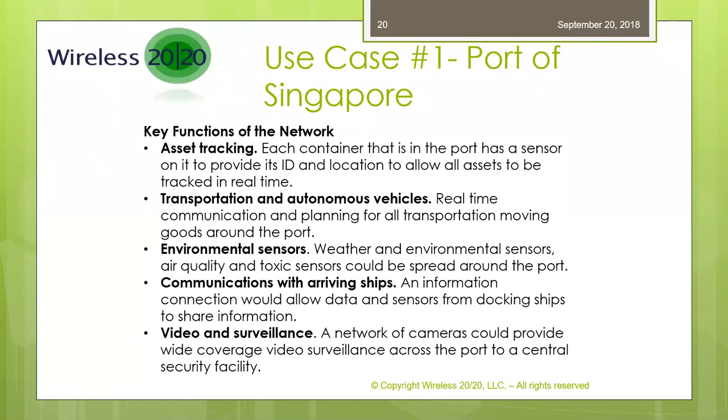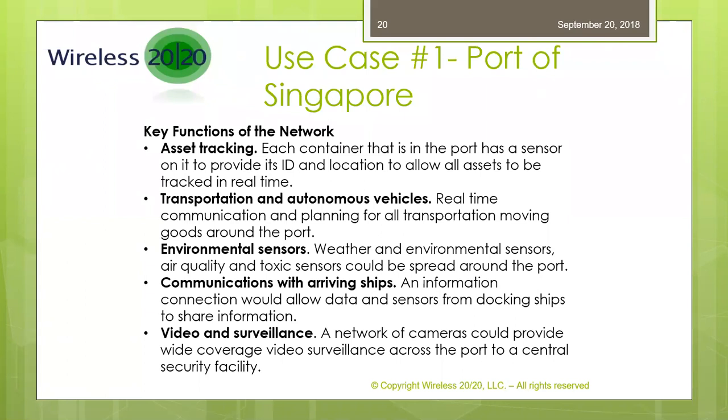More and more, as we would see in many areas, but this is certainly an area where we'd see this, transportation and autonomous vehicles. So real-time communication and planning. As we have some autonomous vehicles that are driving around the port, that are moving goods, that are moving material, we certainly want to be able to track and operate these probably from a remote location.